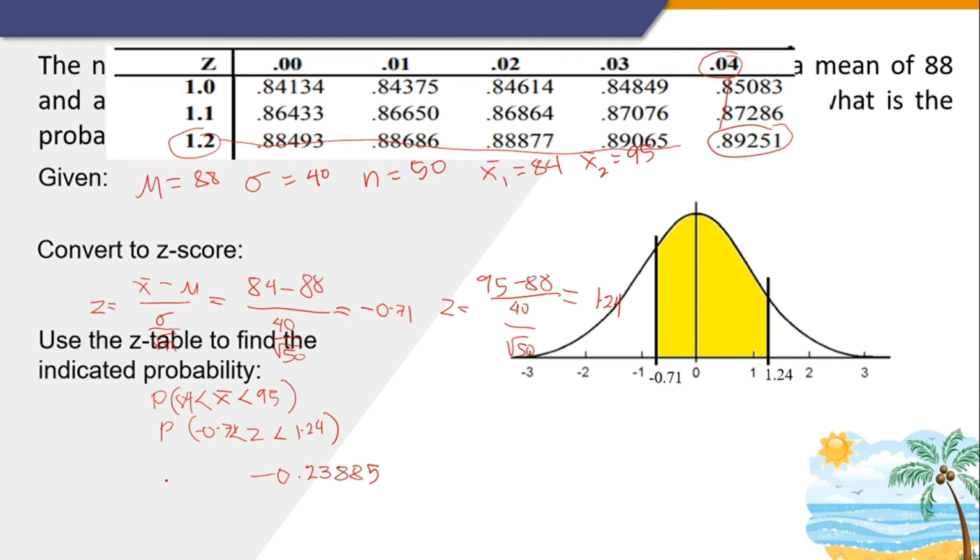Kailangan mauna yung mas malaki. So, 0.89251 minus yung mas maliit, which is 0.23885. So, that is equal to 0.65366 or 65.37%.